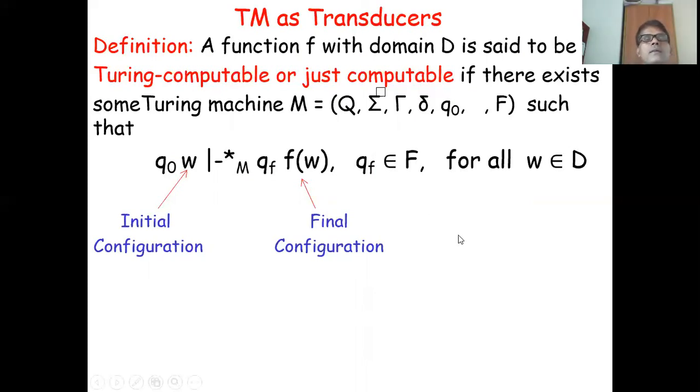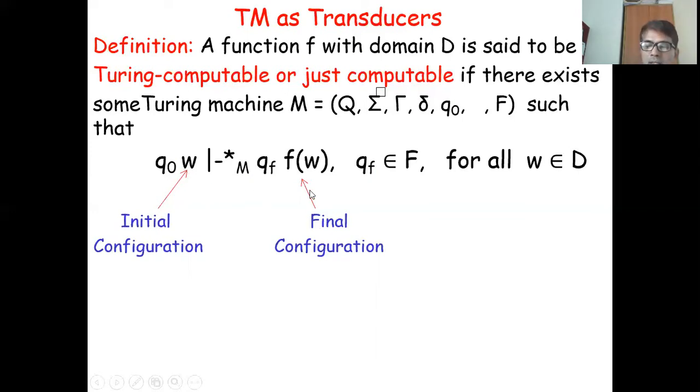A Turing machine function f with domain D is said to be Turing computable, or just computable, if there exists some Turing machine M such that Q0 W, by 0 or more steps, reaches the final state QF f of W, where QF belongs to the final states, for all W belonging to the domain D. So this is the initial configuration: Q0 reads the string, and this is the final configuration.